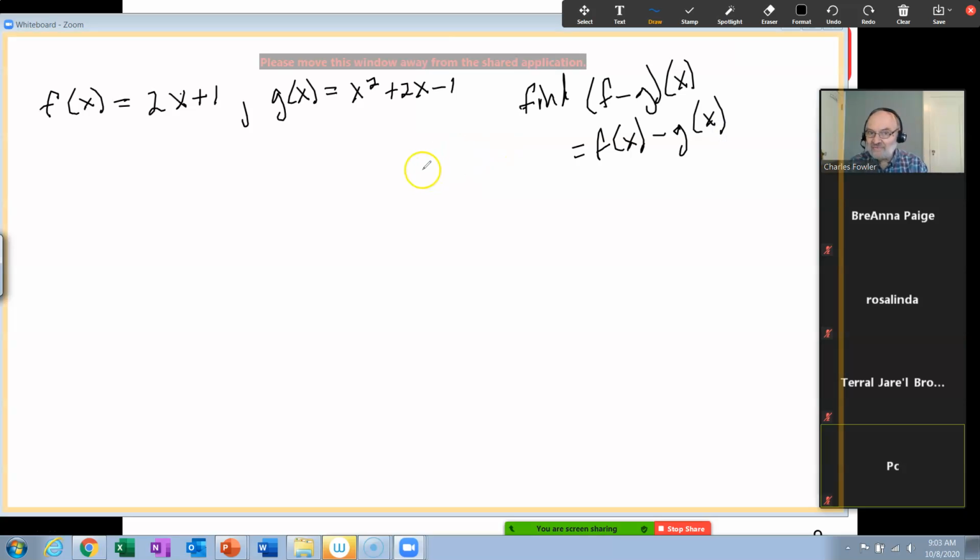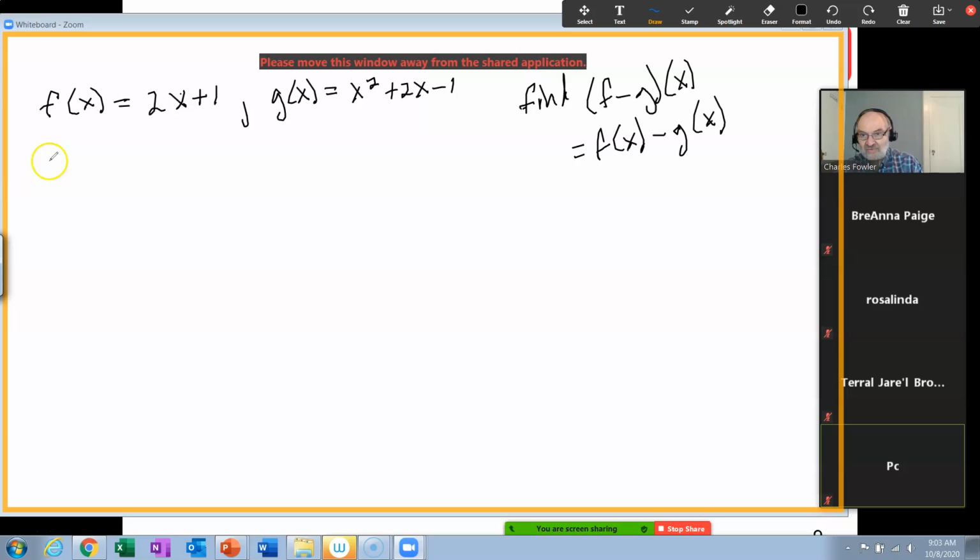That's what that means. That's a subtraction function. So what we'll do is take the f of x here. I'll put them in parentheses again. 2x plus 1. That doesn't need parentheses, but I'll put them there. Minus g of x. This one definitely needs parentheses.